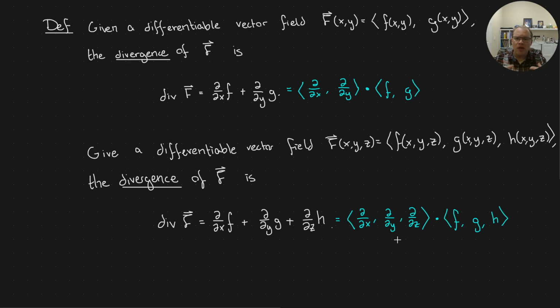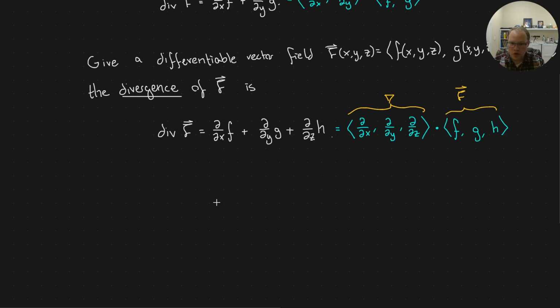So this gives us another way to represent divergence. This vector of operators here, we think of that as the gradient operator, that upside down triangle. And then our vector of functions, that's just our vector field.